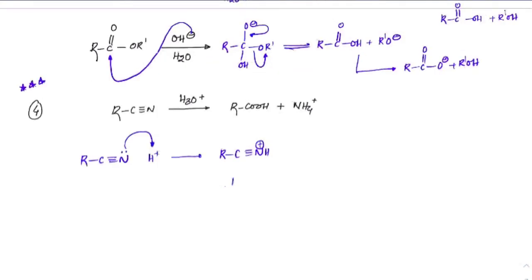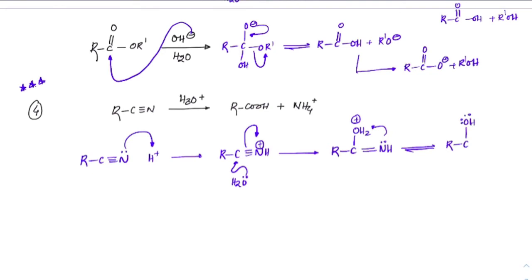As soon as we have that, water will attack on this carbon because it has become quite delta positive now, and the pi bond will shift as a lone pair onto nitrogen. So we will get this as OH2 plus double bond NH with a lone pair. So this lone pair will take away this H plus here. So we'll get this as RC OH. The lone pair is retained here, and here it will become NH2 plus.